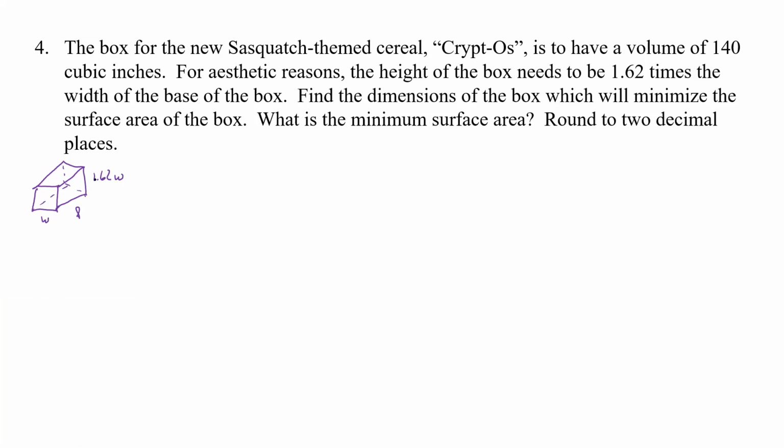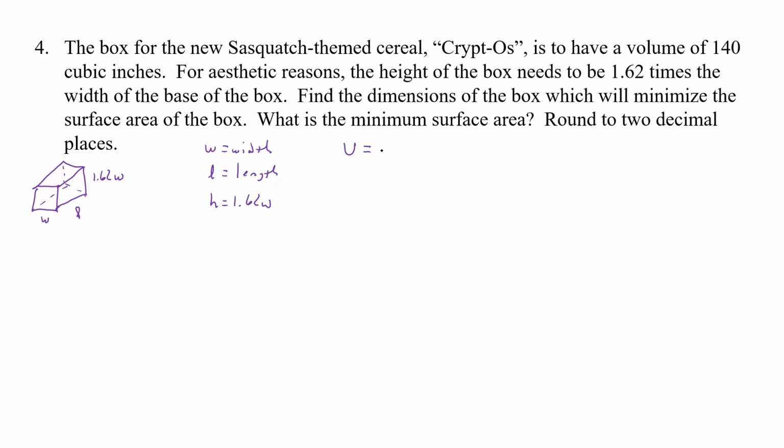Okay, so now we've got all the pieces here. W is width, length is L, and then our height is 1.62 W because that's what was given. So that's what we've labeled. And so now what we need to do is think about what is volume.